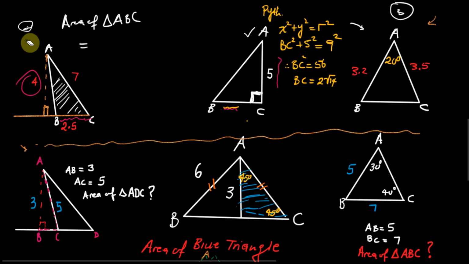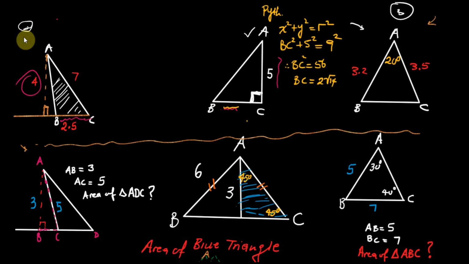For the last one, I'm going to do it just over here. For the last one, we also have to find the area of triangle ABC, and what we said is we want the angle to be included.